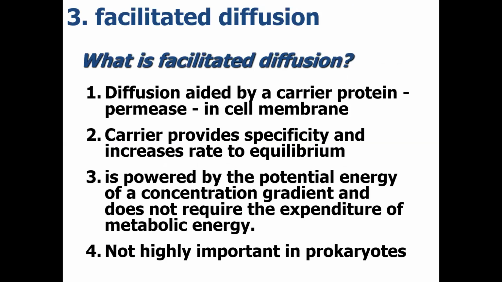Now the third mechanism is facilitated diffusion. The name itself suggests diffusion through a facility. Facilitated diffusion means diffusion through the facility which is available on the cell membrane. Here the same mechanism of diffusion occurs, but the molecules which want to diffuse utilize the facility available on the cell membrane.